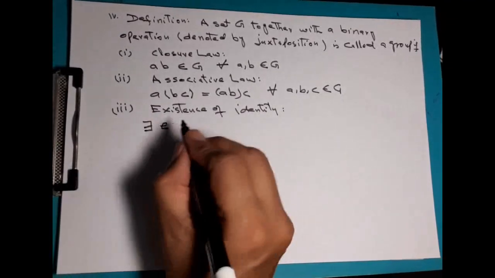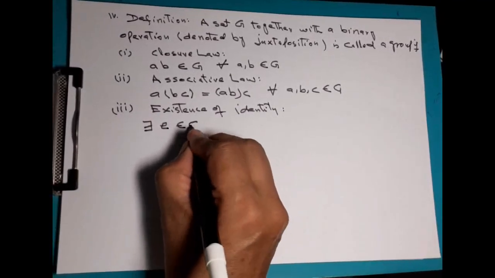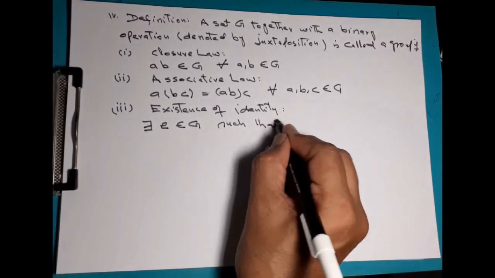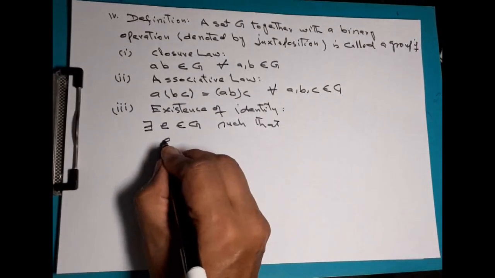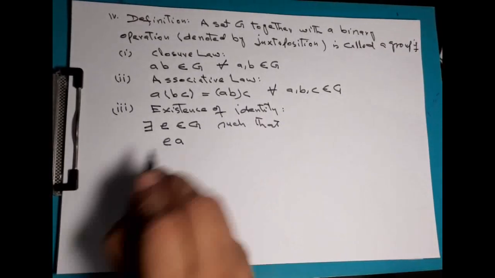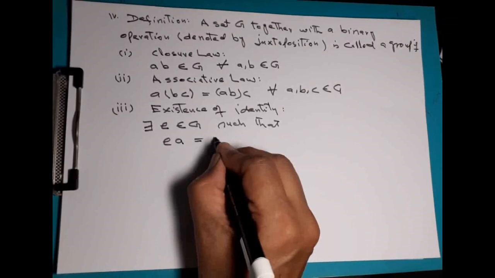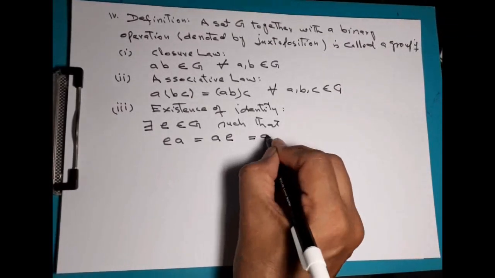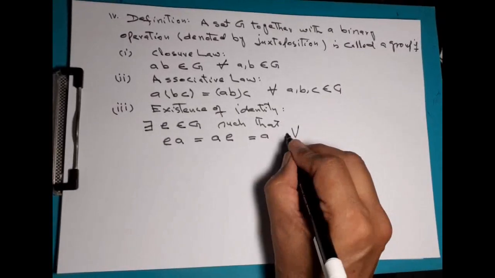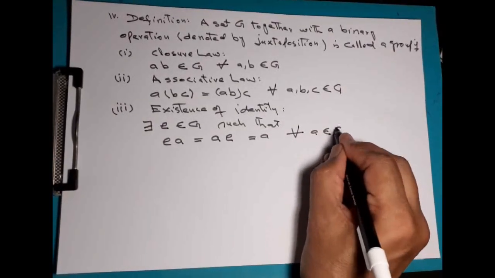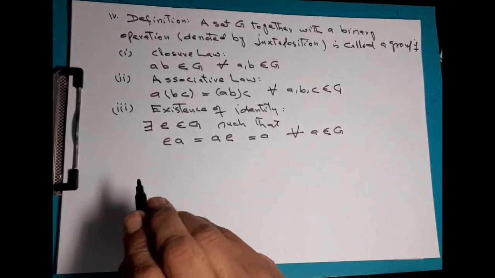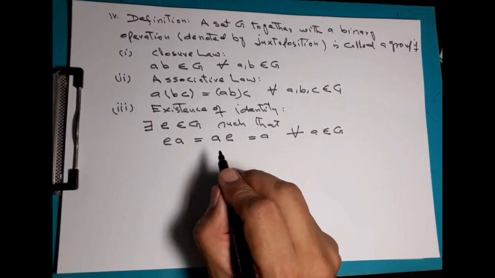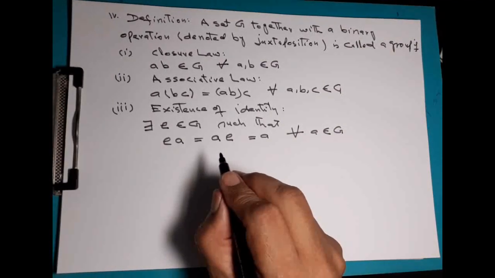There must exist an element E belonging to G such that E multiplied with any element A is equal to A multiplied with E is equal to A, and this is for all A belonging to G. We are denoting this binary operation by juxtaposition, but just for our convenience we are using the phrase multiplication.